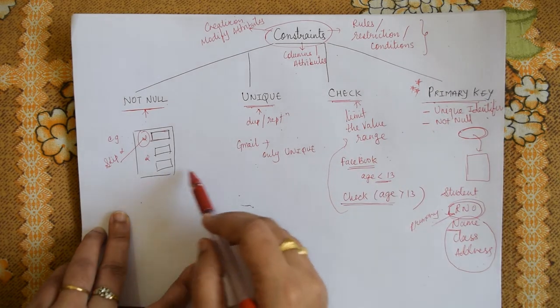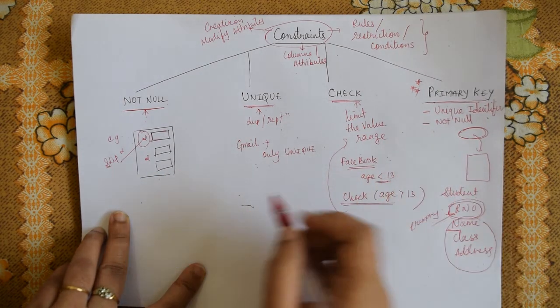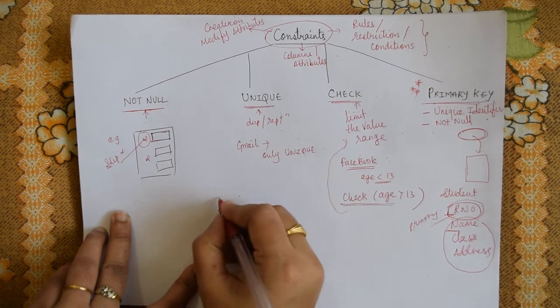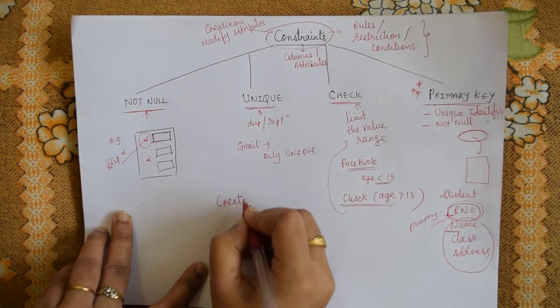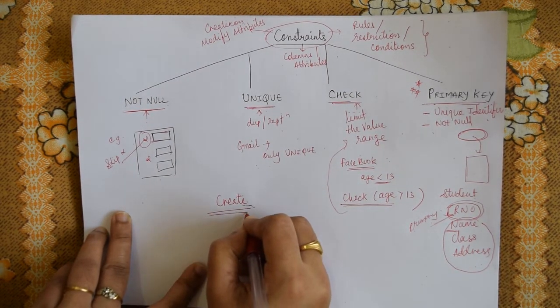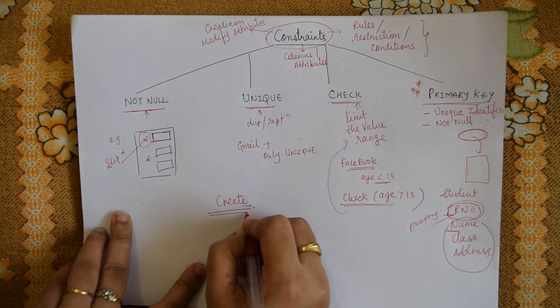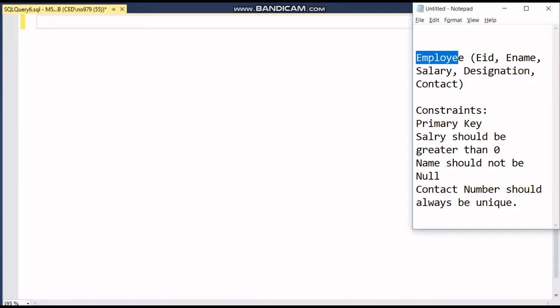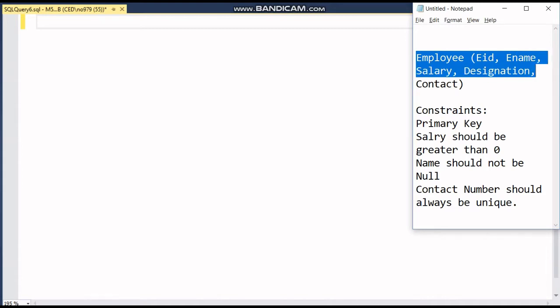Okay, so these are different constraints. Now I am going to show you how to create a table with the help of these constraints. Consider an employee table having attributes employee ID, employee name, salary, designation and contact number.